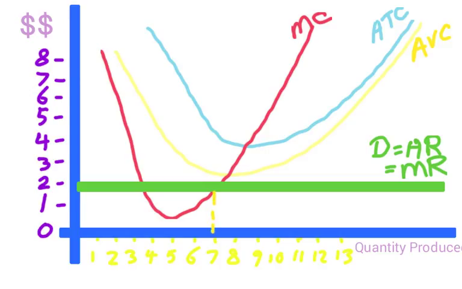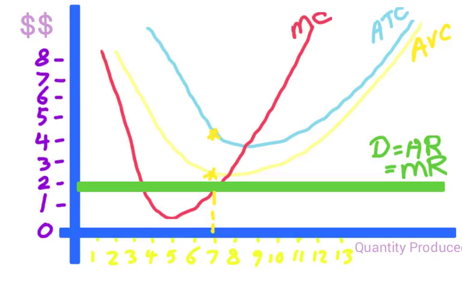We definitely have a loss because average total cost is here. Now we notice that average variable cost is also above the price. And so we would actually be losing money on our variable costs. So not only would we lose our fixed costs, but we would be losing money on our variable costs.